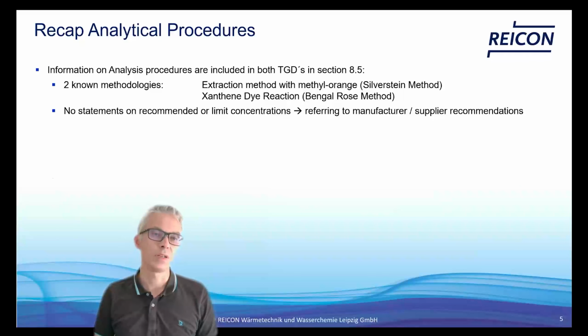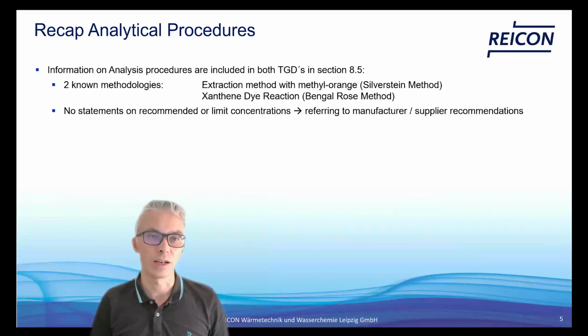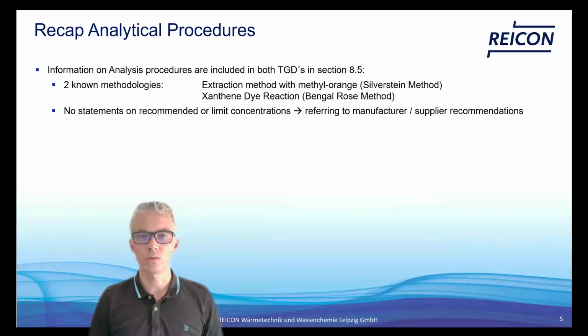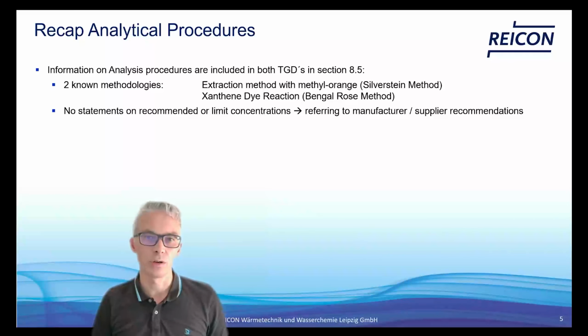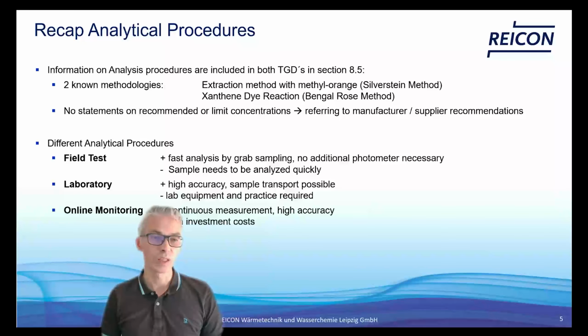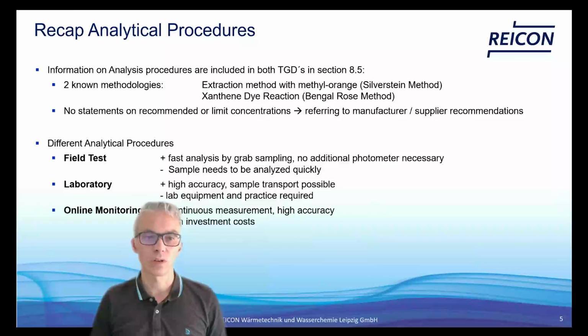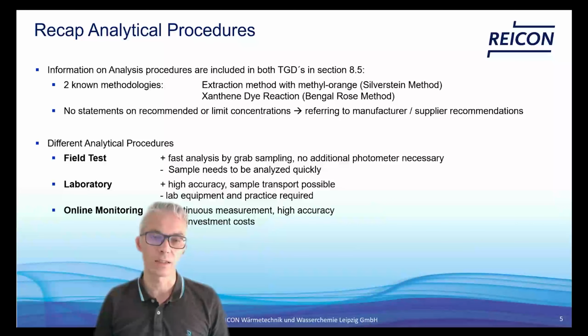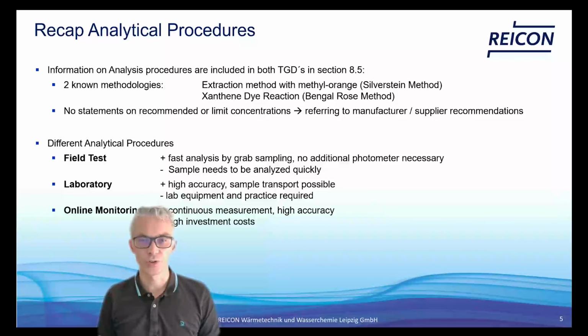Also, it's mandatory to think about analysis procedures. There are two known methodologies. One is an extraction method with methyl orange. The other one is the Bengal rose method. You find some information on that also in the TGDs in section 8.5. There are field tests available which give a fast analysis without the need of a photometer, but you need to do the analysis directly after taking the sample so that there is no under-detection of the product.